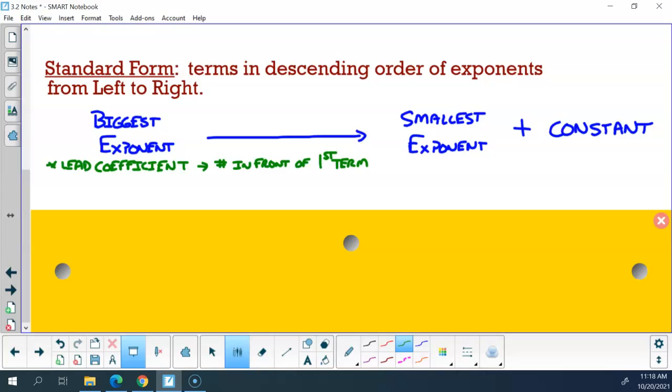It also is going to tell us the degree. The degree of a function is what we call the biggest exponent. And we'll get into the relationship with degrees and lead coefficients and graphs a little bit later on.